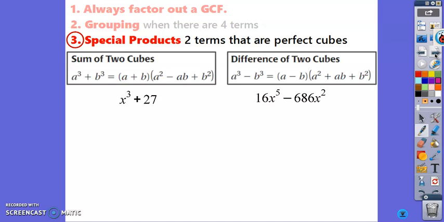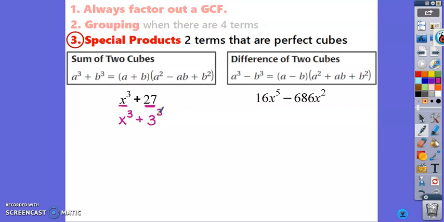So you'll know that you're dealing with one of these if you see, like I said, 2 terms, but you notice something about those 2 terms. The first one is cubed, and the second one is also something cubed. Can you think of what cubed makes 27? 3 times 3 times 3?